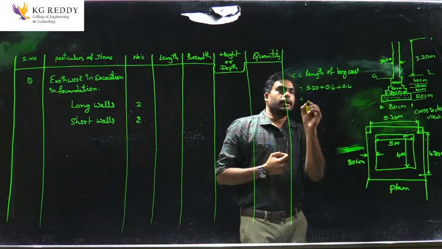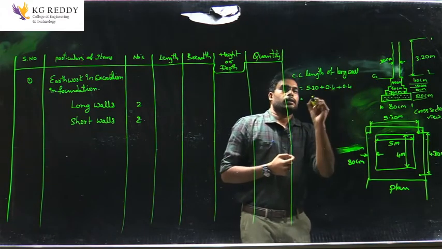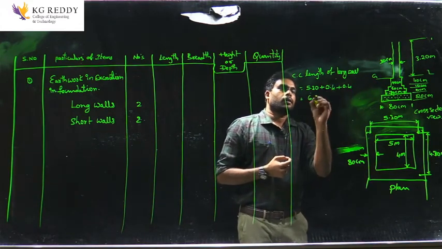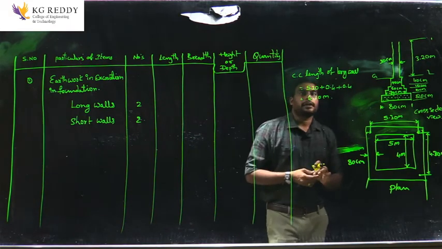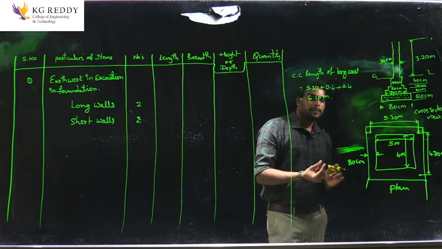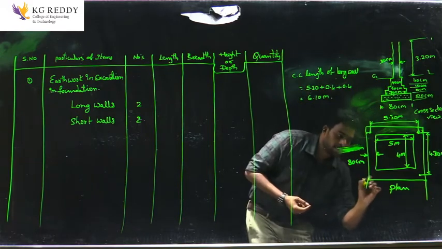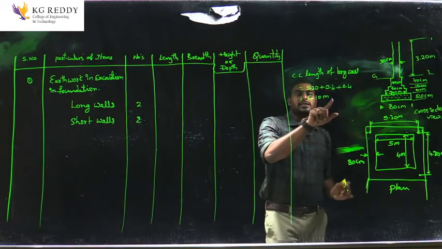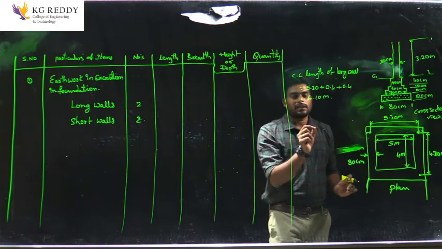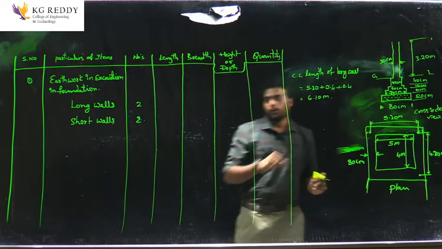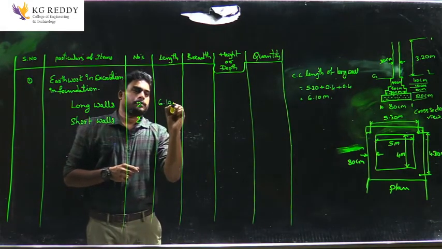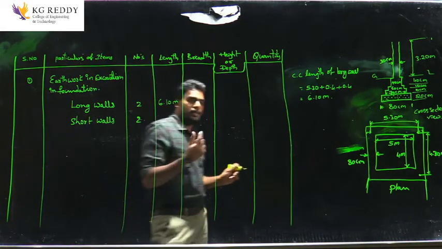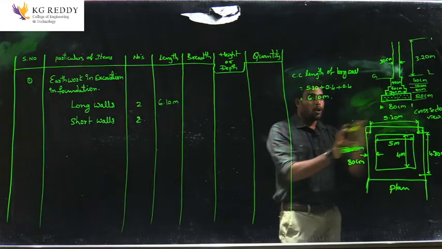So what is the total? 6.1 meters, right? 6.1 meters is the total length from this corner to this corner. So this is the long wall excavation of one side, 6.10 meters is the excavation for the long wall side.